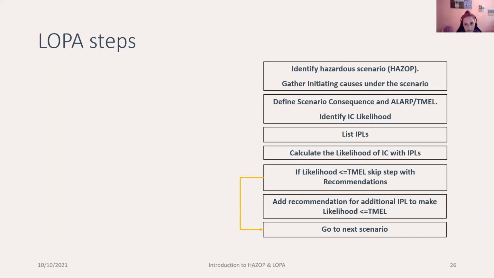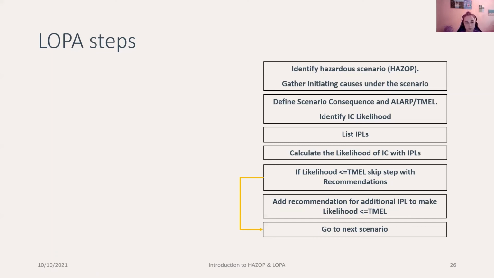In case you have one initiating cause, you check its data multiplied with the PFD of the IPL against the TMEL. Otherwise, you need to take into account that several initiating causes can lead to these hazardous scenarios, so you should sum them and show whether this is less than or equal to TMEL.